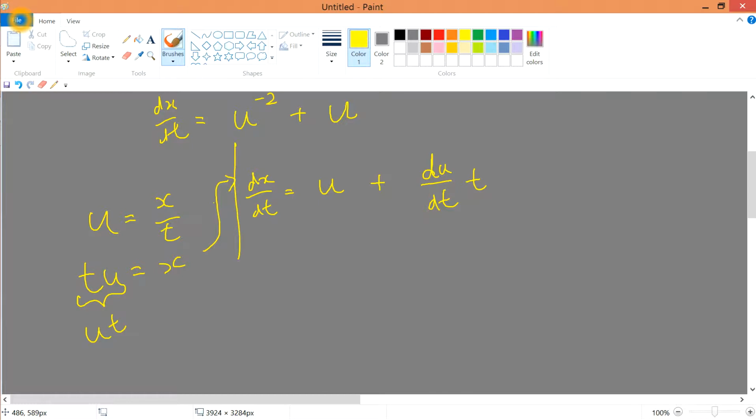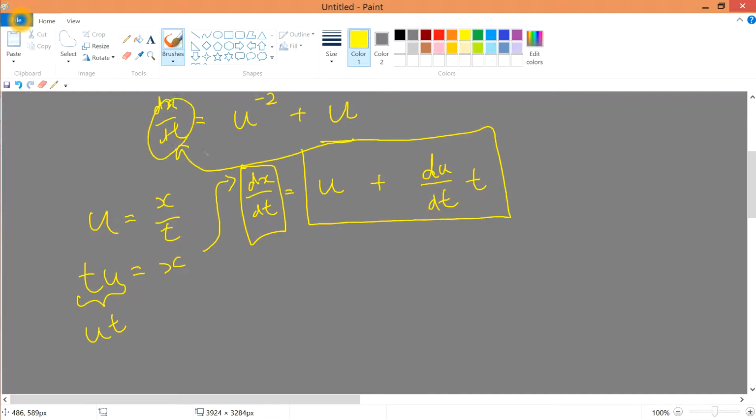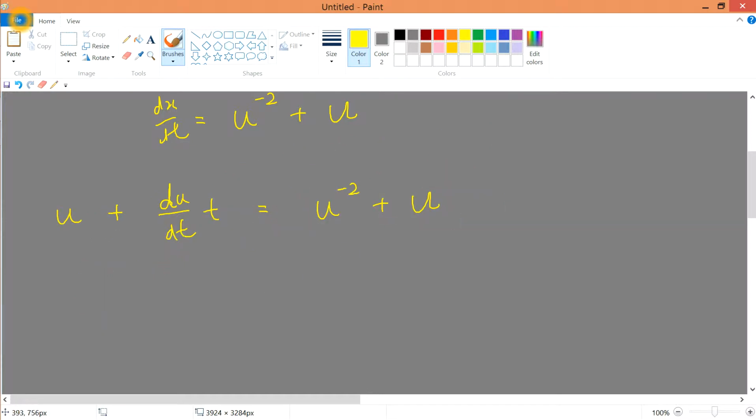And yeah, now just simply sub in dx dt is equal to this term. So I'll just sub it in over here, alright? I'm just simply rewriting dx dt is equal to this term we have just derived. And therefore we know that at this side there is u, at this side there is u, we can just cancel.